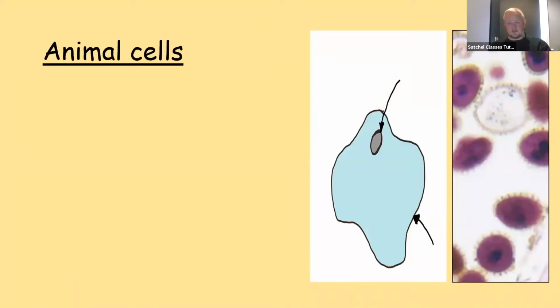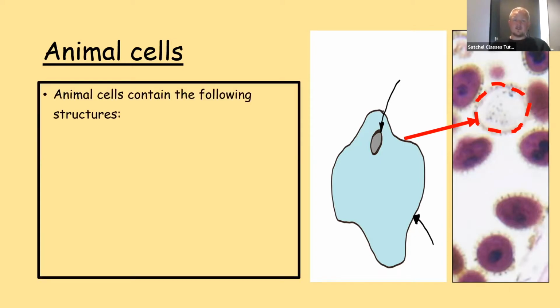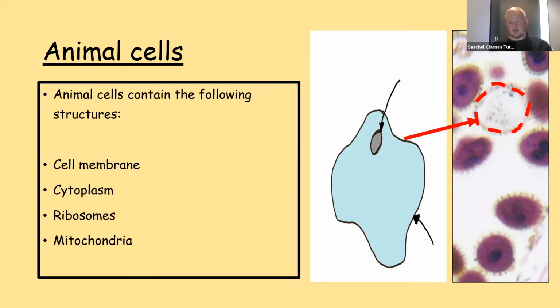Animal cells, what we've got here is a drawing, and next to it is a picture taken under a microscope. And what we can see there is the animal cell from the drawing and the actual highlighted animal cell, the individual one in the picture. Animal cells contain the following structures: a cell membrane, a cytoplasm, ribosomes, and mitochondria.